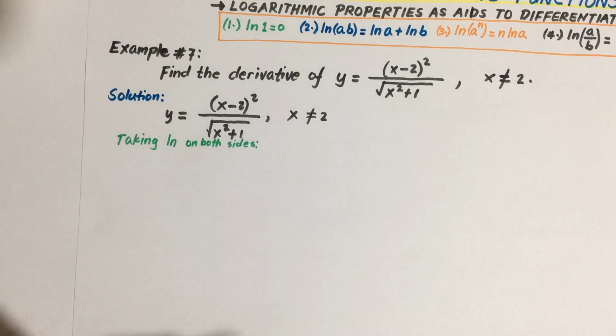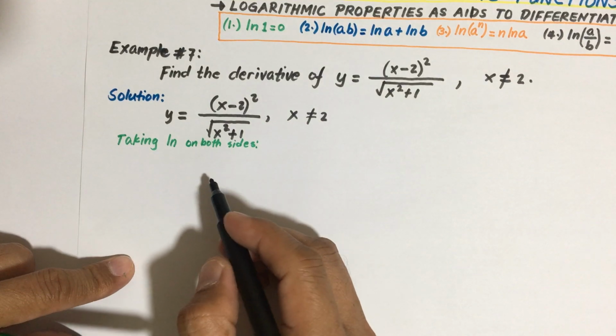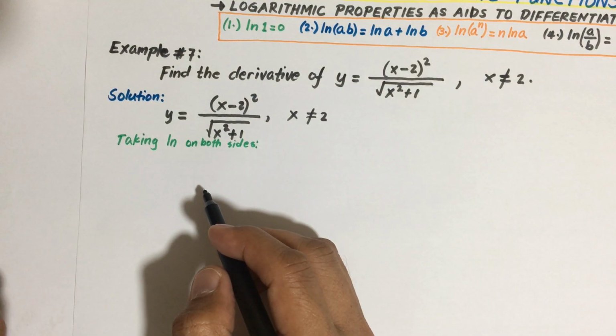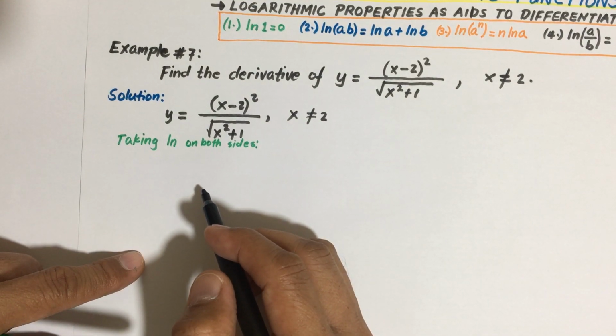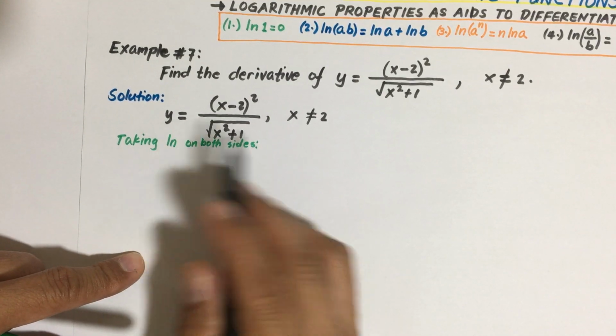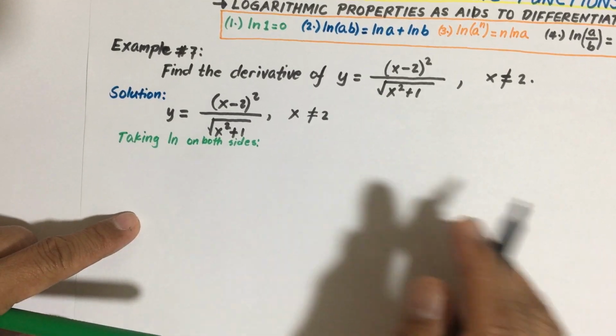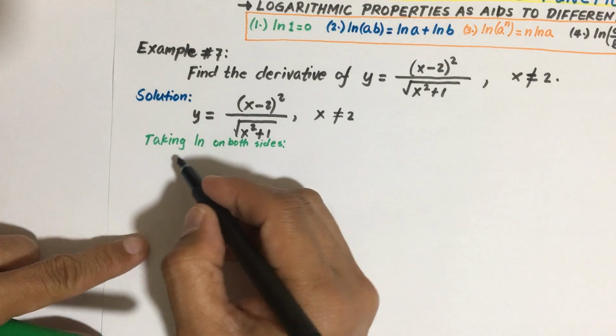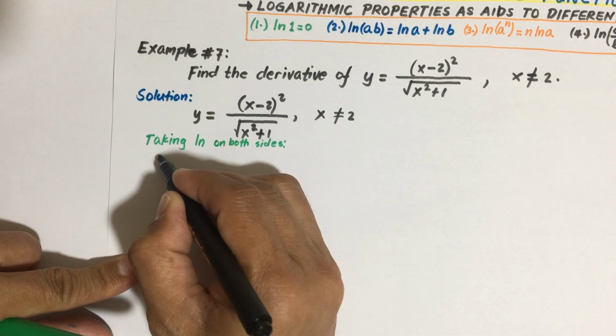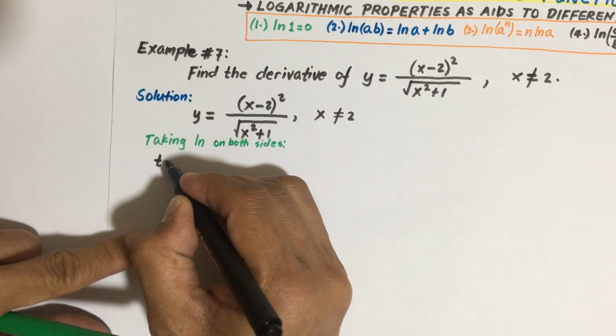Taking logarithm on both sides, class, doesn't change anything. If you add something on the left side and you add the same thing on the right side, you're not changing the equation or the given function. Okay, so the purpose, as mentioned, is just to simplify our solution.